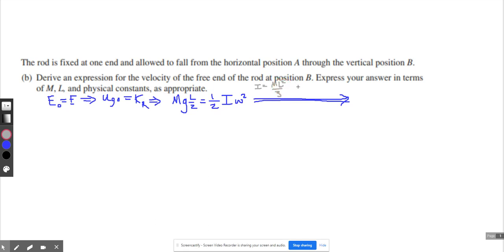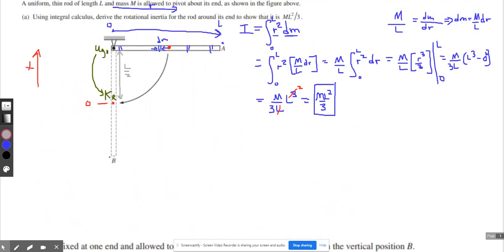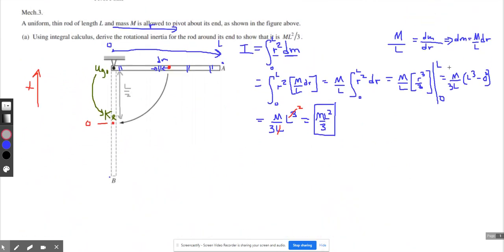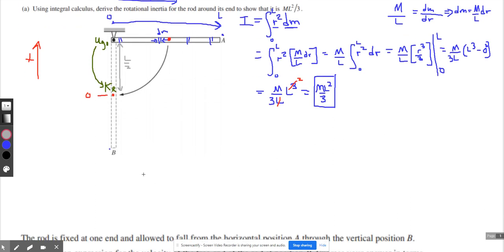And also, whatever this omega is, that's going to be related to the speed of the end of the rod by the tangential velocity divided by L. However fast this thing is rotating, by V equals omega R, we can take this rotational speed and multiply it by R, and we can get the tangential speed.